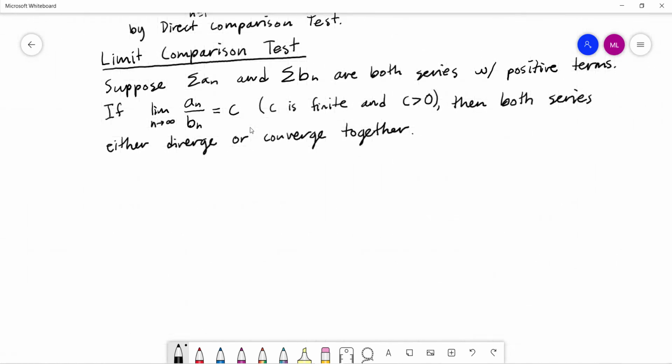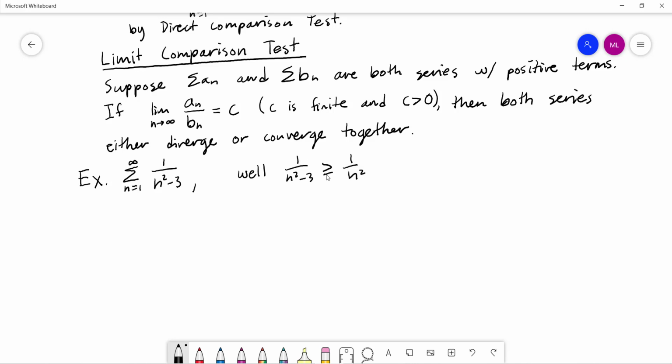Let's say, for example, we do the exact same problem that we just had, where I've got the sum from n equals 1 to infinity of 1 over n squared, what did I say, minus 3. In this case, 1 over n squared minus 3 is a larger number than 1 over n squared.